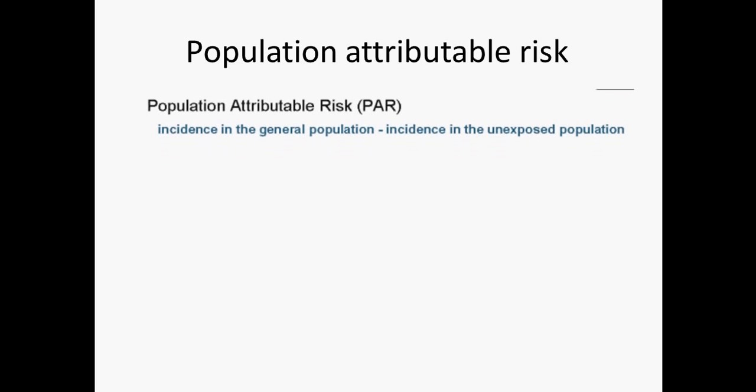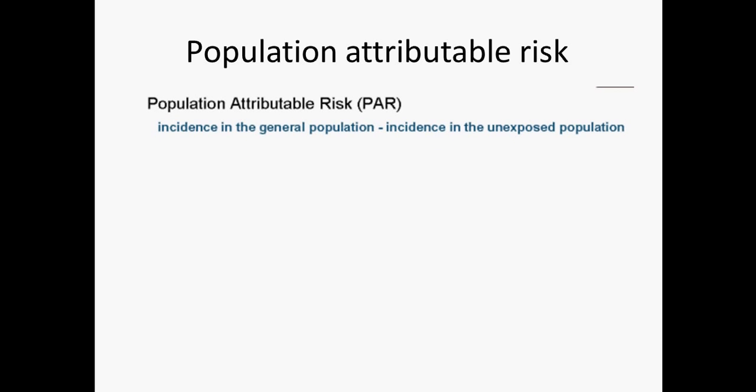So how do we calculate the population attributable risk? It is given by the formula: incidence in the general population minus incidence in the unexposed population. If you look at the formula for attributable risk, we used the incidence in the exposed, whereas for population attributable risk, we use the incidence in the general population. The second part of the formula remains the same.